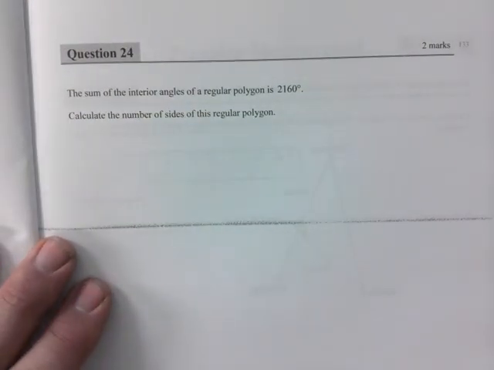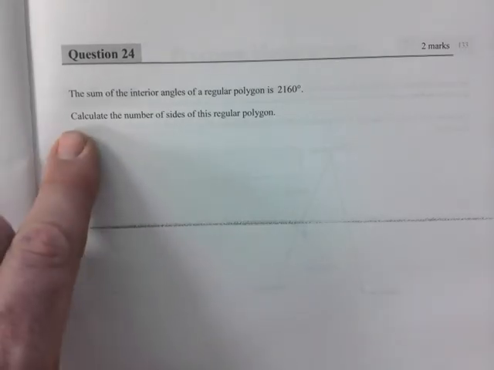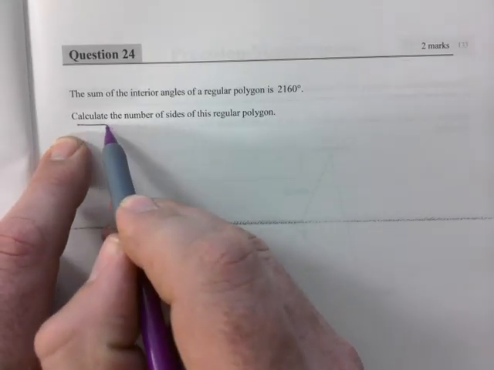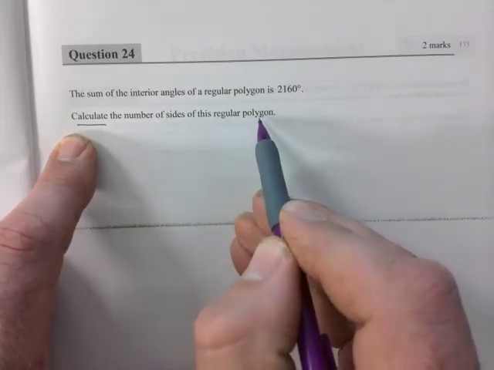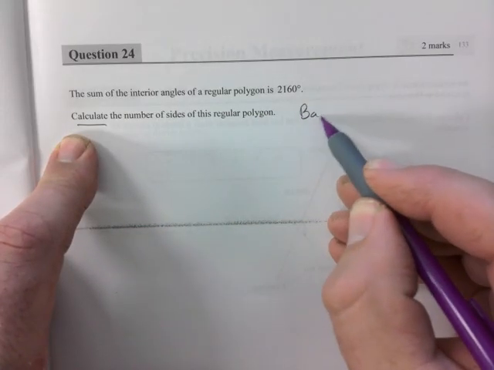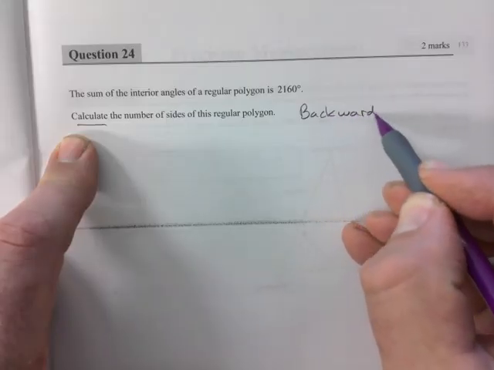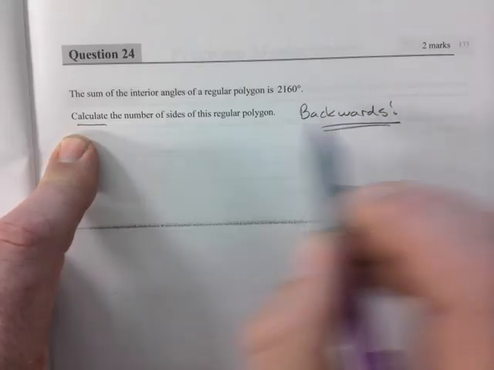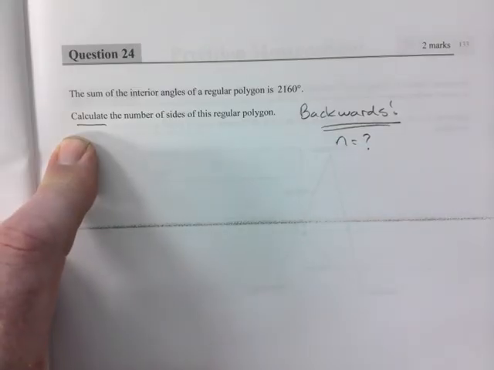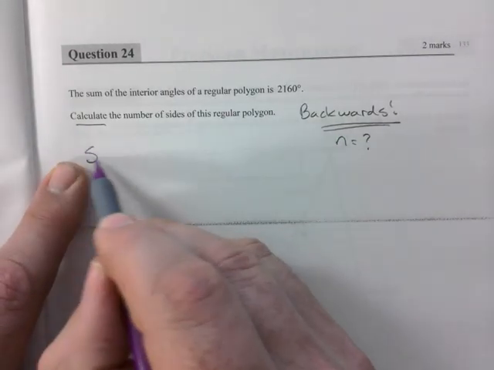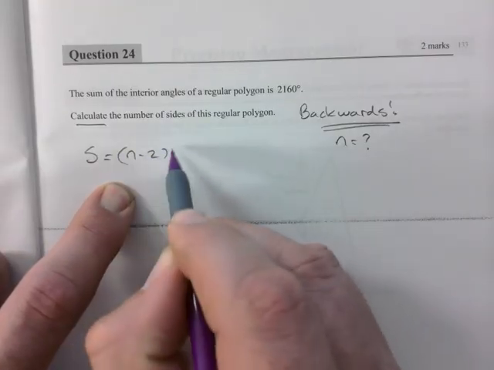The sum of interior triangle angles of a regular polygon is 2160. Calculate, emphasis on that, the number of sides of this polygon. This is what? Do you remember backwards? They want this, they want n. What's the number of sides? So the sum is n minus 2 times 180.